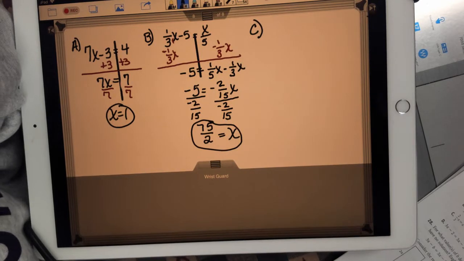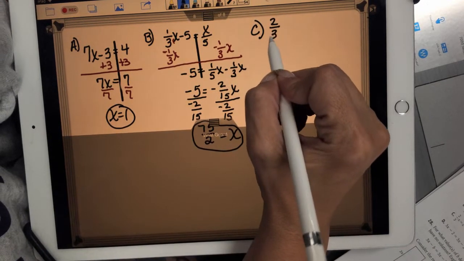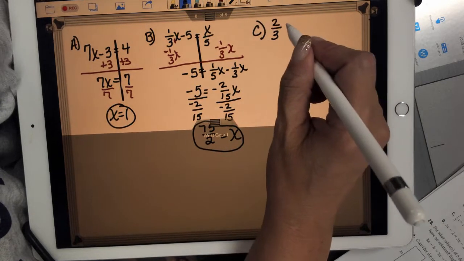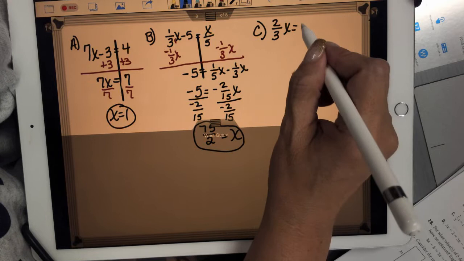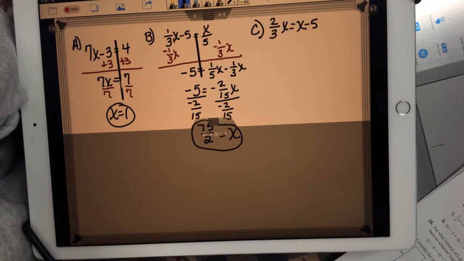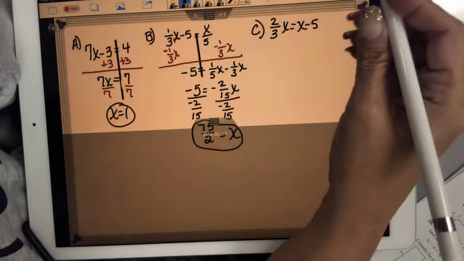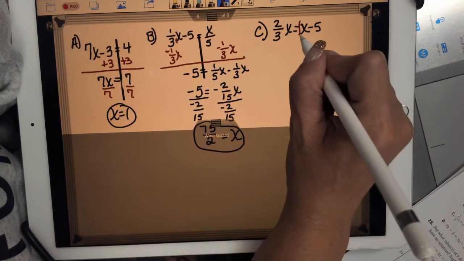So here we go. C. C is 2/3 x equals x minus 5. Now, I could work that one. It's not that hard. Oh, I guess we'll just work it. I was sitting here thinking, oh, I really don't want to work it. I can already tell it's not going to work. Ah, it's okay.